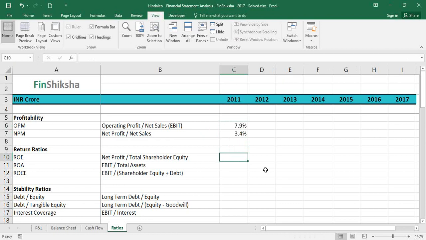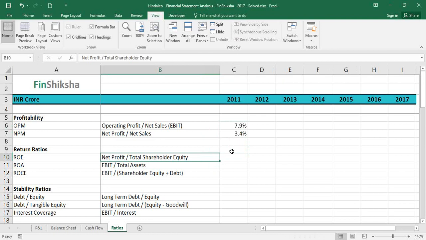Next, we move on to the return ratios, which are important in the context of understanding what return the firm is generating on the money given by its investors. When you look at return on equity, the primary idea is that shareholders are entitled to keep the profits of the firm in the form of dividends.